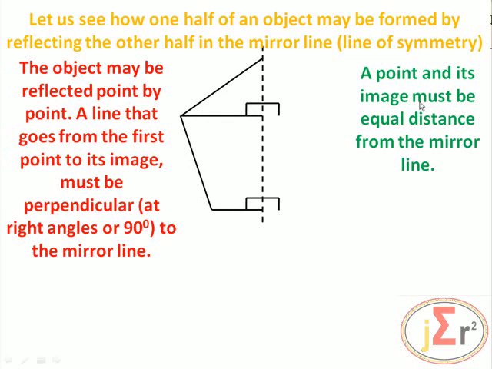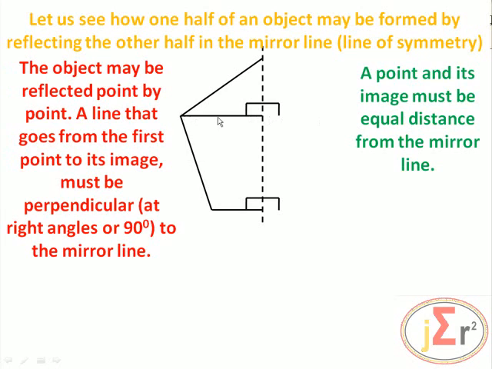Therefore, this point that we have here, the line that goes straight across to its image all over here, must be perpendicular to the mirror line. Also, the distance from here to the mirror line must be the same distance as the point, which is the image of this one, to the mirror line. So this distance must be equal to the other distance.